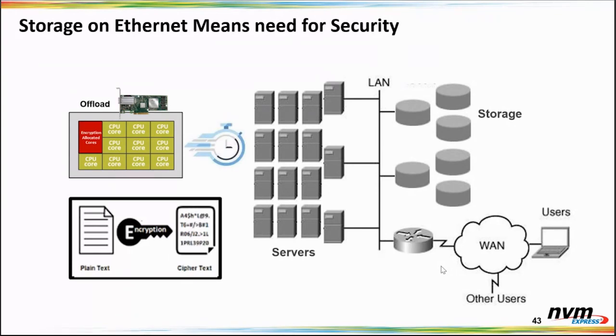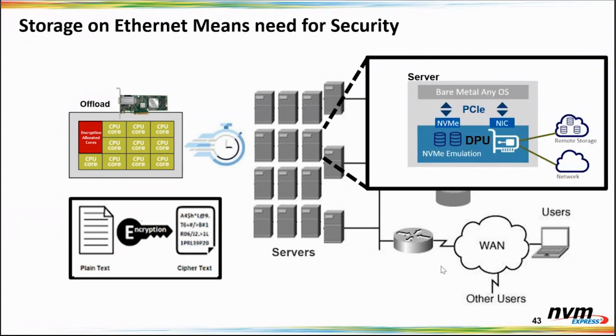Luckily, new adapters and DPUs, data processing units, SmartNICs by another name, today have encryption offload engines in their ASICs, which enables them to encrypt the data on the fly as it's transmitted and received by the servers and storage systems. And also with the DPUs, you can provide security through isolation, which makes it impossible to access the storage or networking without authorization from the DPU software, which in itself is inaccessible from the potentially hacked server.